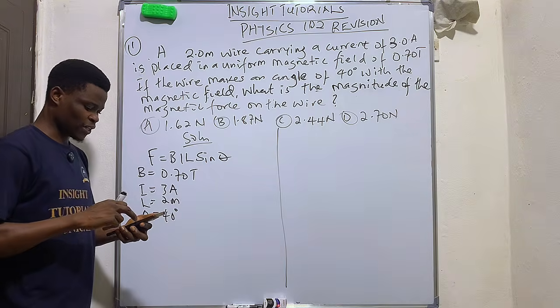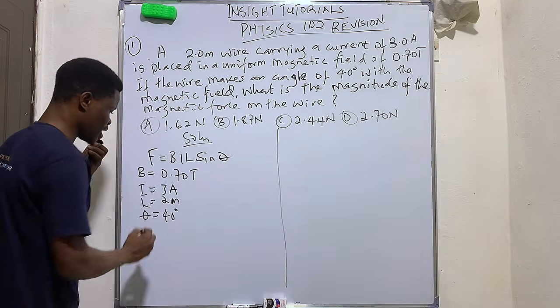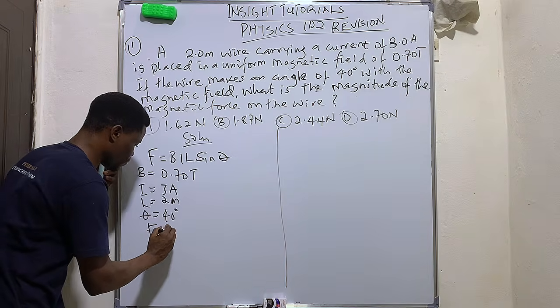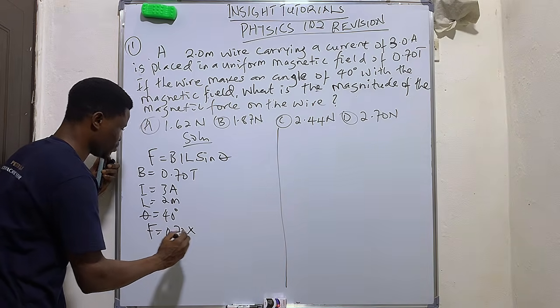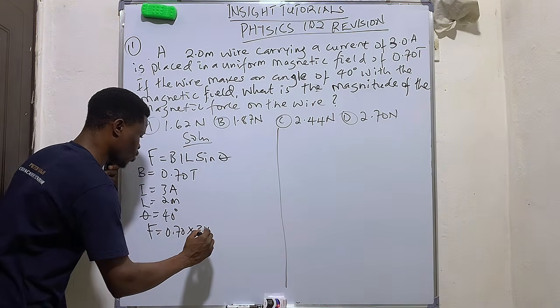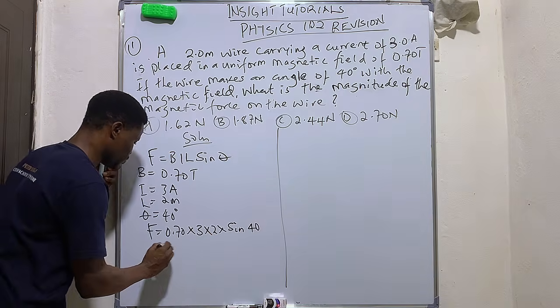Now, with this given, we're going to plug it into this formula and then get our answer. So the force is given as the magnetic field of 0.70 times our current of 3 times our length of 2 times sine 40.